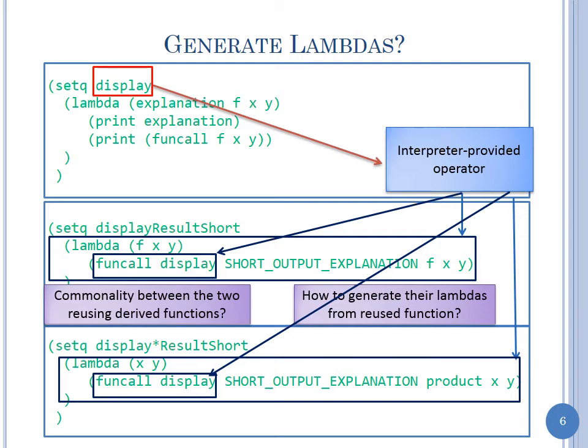Now I have to generate short output explanation followed by fxy, or short output explanation followed by product. Right? So I decide this is my argument. Okay, so I give this list of arguments I want supplied to this operator. And if I do that, I can generate the short output explanation.